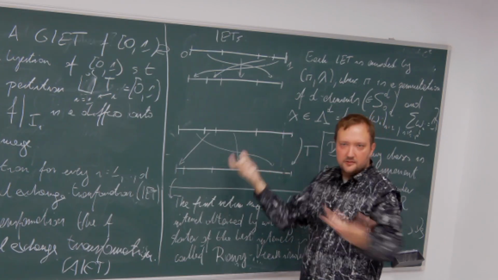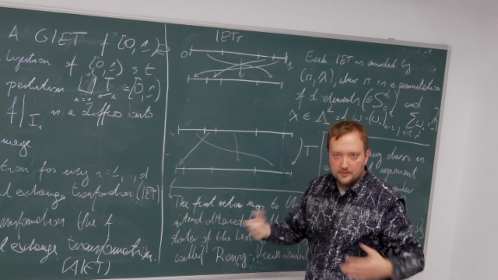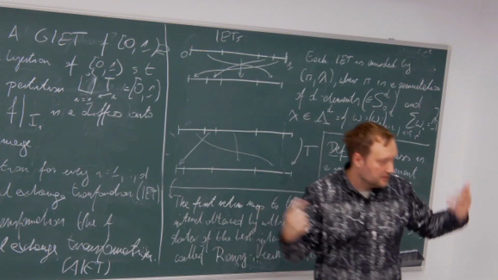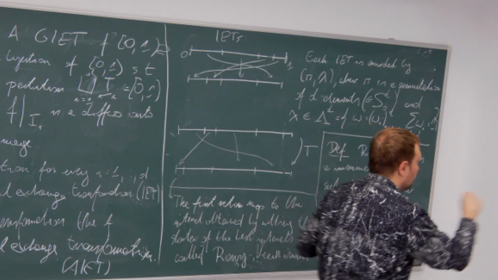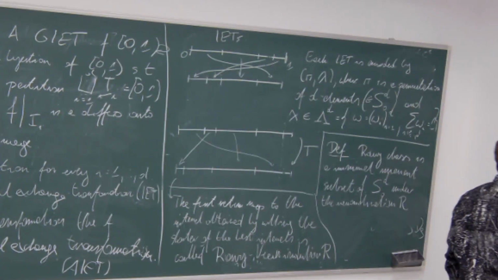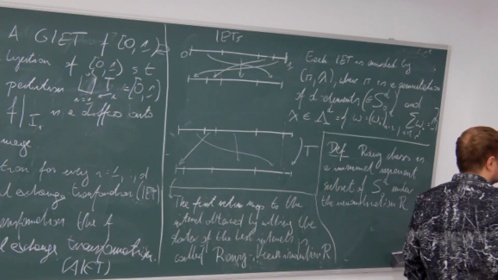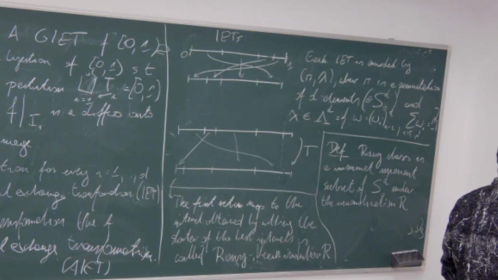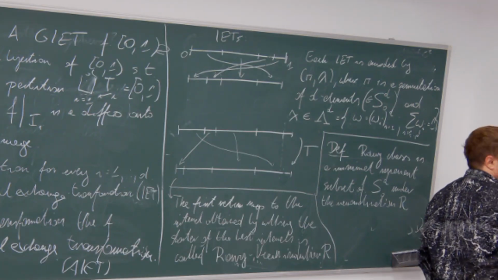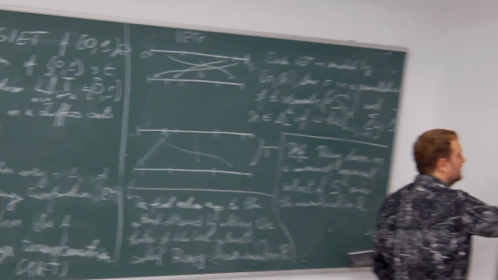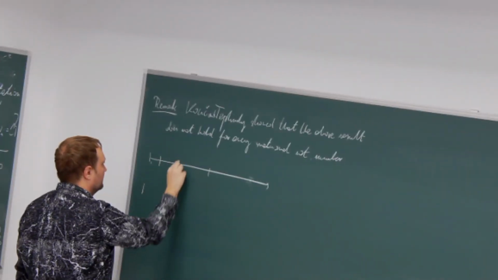Then I will get a different permutation. I can try to draw the picture, and I will try to make it symmetric somehow. So it's going to be like that: 1, 2.